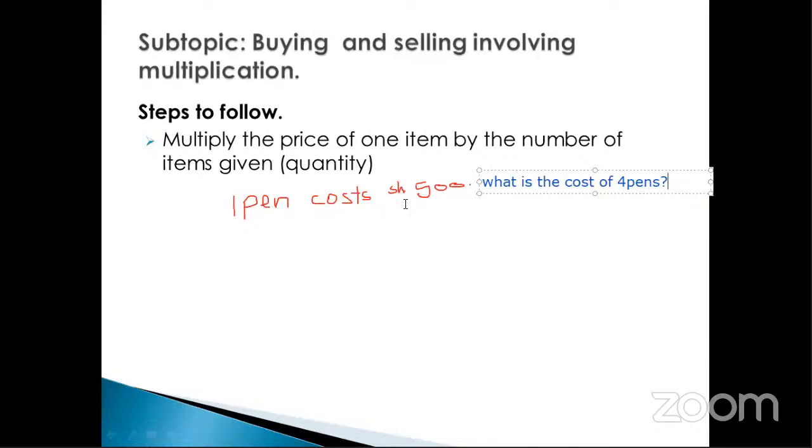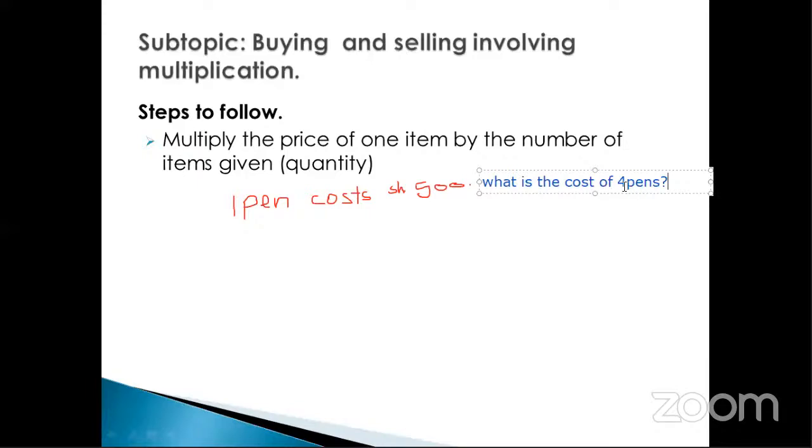Now, this is where we are saying the price of one item is this, that one item, a pen, is 500 shilling. So how about if I want 4 pens? So you multiply 500 shilling by 4. So 4 here becomes the quantity, the number of items that you want to buy.